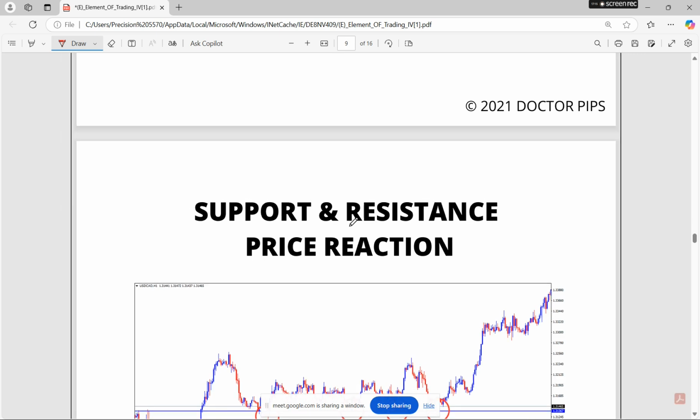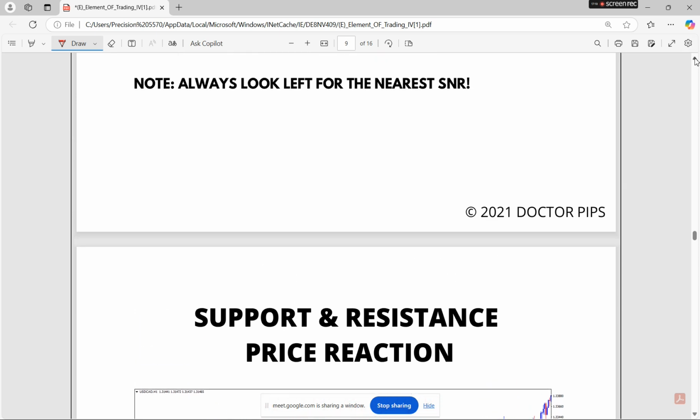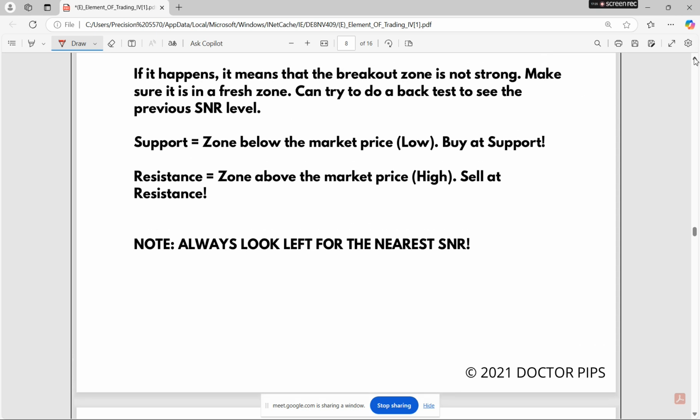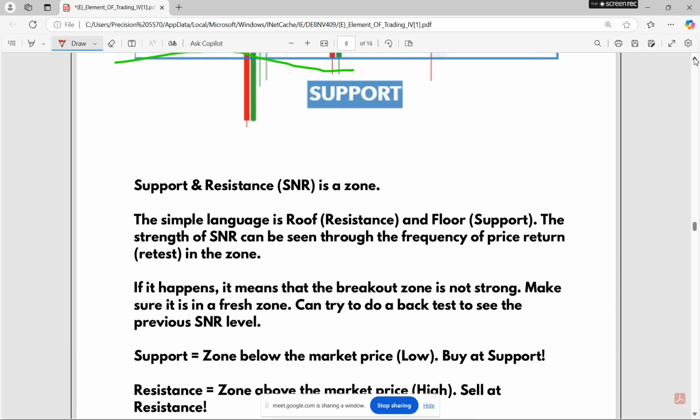The market respects these zones. Over here, they're saying in simple language: the roof, which is like the resistance, and the floor, which is support.